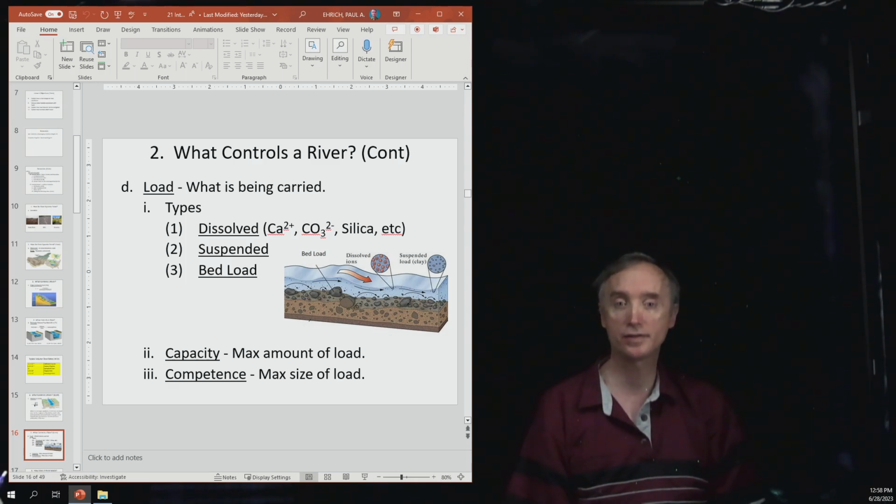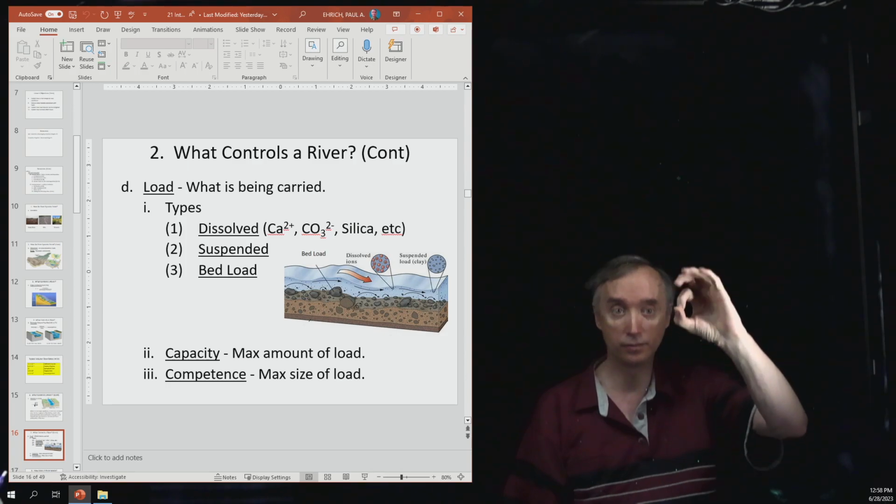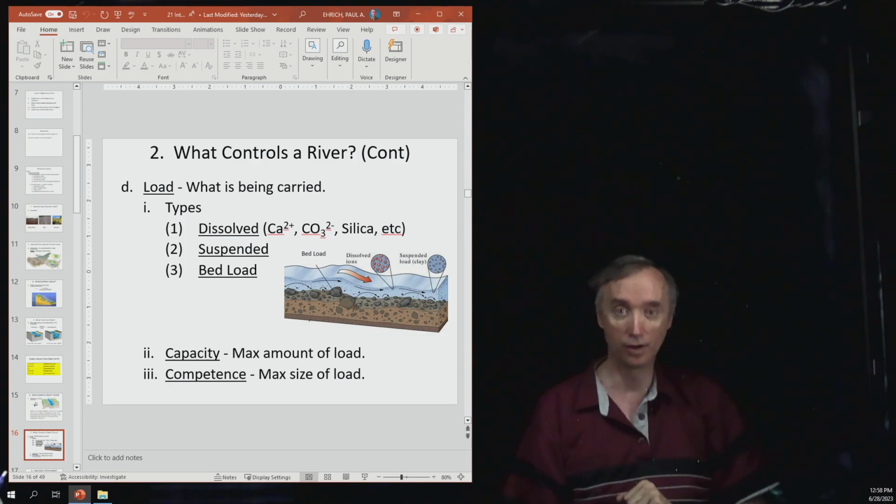The capacity is the maximum amount of load that the river can carry, and the competence is the maximum size of the load. So is it sand, teeny tiny particles, or is it rocks about this big? That's the size of the load.